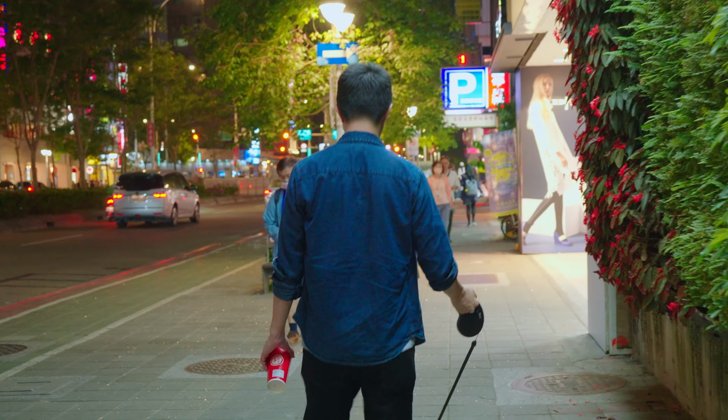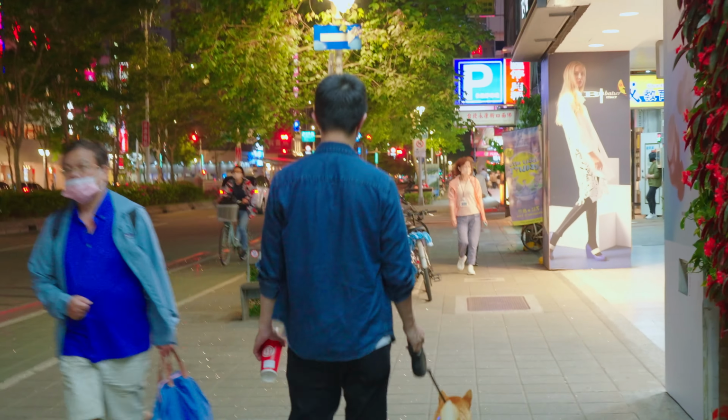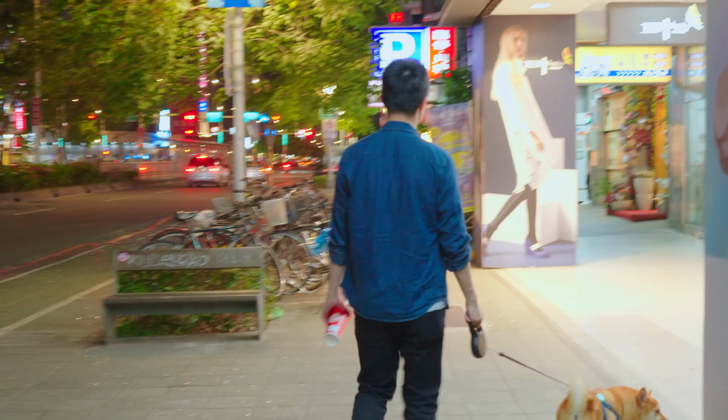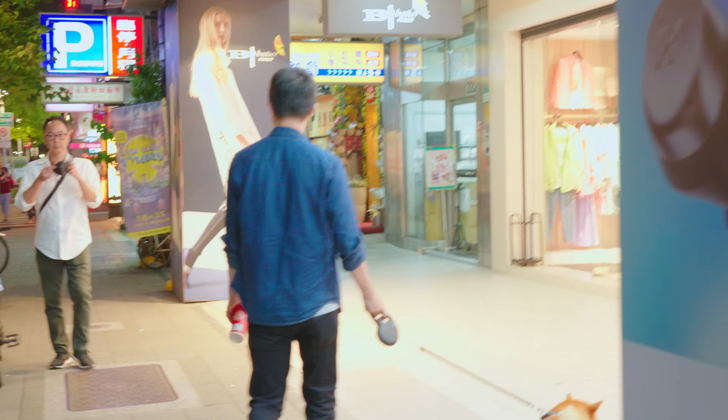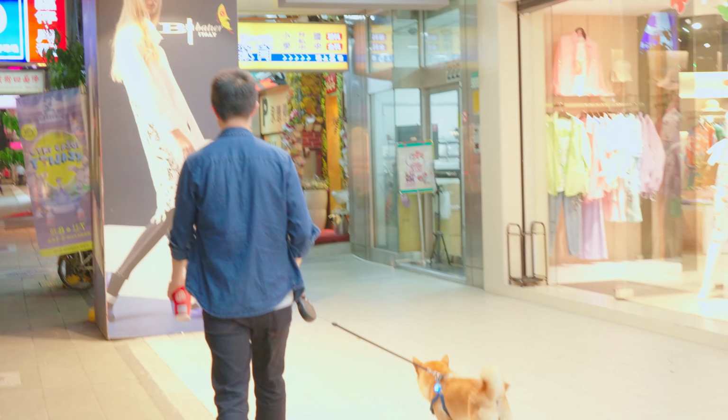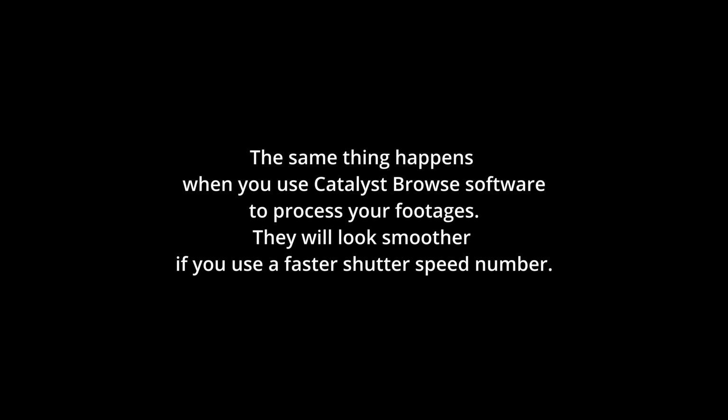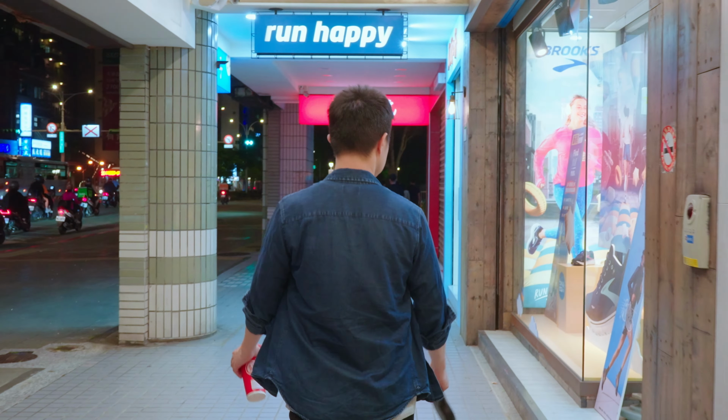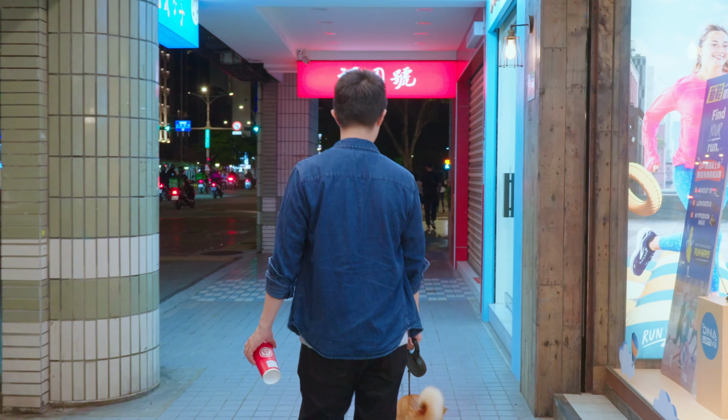When using dynamic active steady shot in low light environment, choose a higher shutter speed. I found that sometimes when the lighting is not good and when I use dynamic active steady shot, the footsteps will look very obvious. I can't help noticing the tiny shaking. When this happens, try using a faster shutter speed.